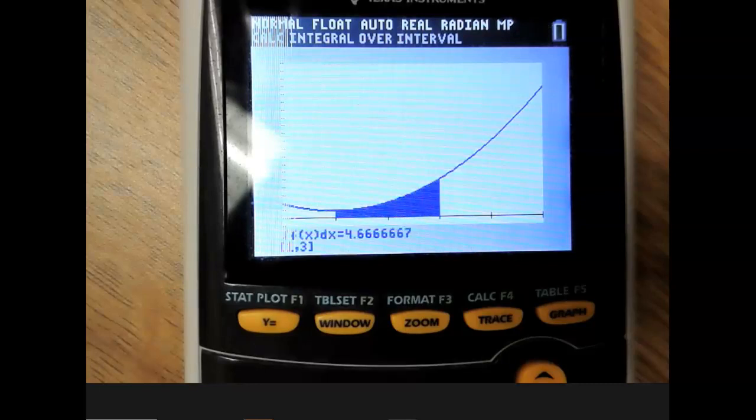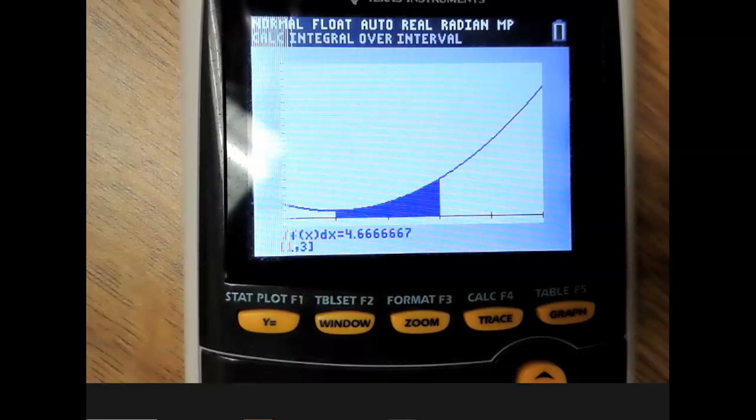And what your calculator is going to do is find the area from 1 to 3 under the curve, between the curve and the x-axis. If you get a decimal like 0.666 repeating, we know that that's really 2/3.